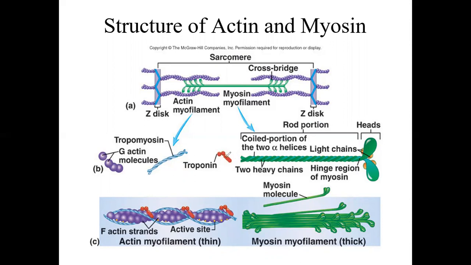Troponin with the three components: the myosin, actin binding site, troponin T that interacts with the actin, troponin C that interacts with calcium, and the troponin I that interacts with the tropomyosin. Again, here is the heavy chain forming a hinge, forming the two knobs. So I think that diagram is self-explanatory. I can move to the next one.